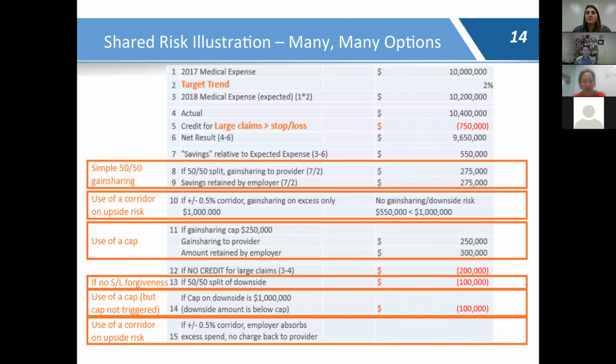And then some of the math that shows what a gain sharing arrangement might look like, and different scenarios for applying the stop loss, and if the cap amount is triggered, and what that means in the ultimate dollars that are being shared. Next slide.